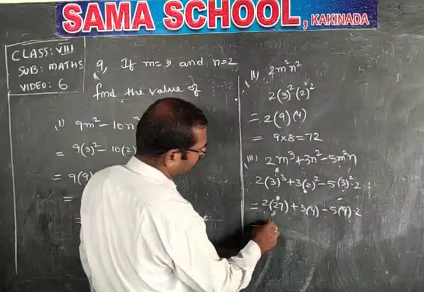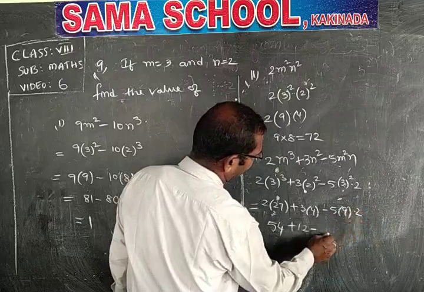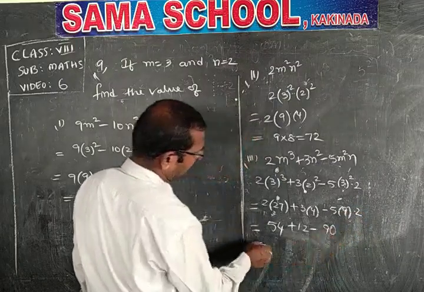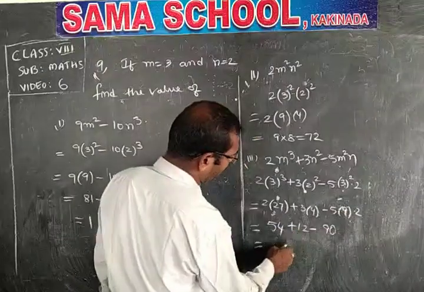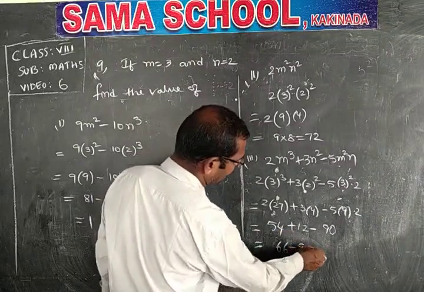That means 2 into 27 is 54, 3 into 4 is 12, 5 2s are 10, 10 9s are 90. That means 54 plus 12 is 66, minus 90.